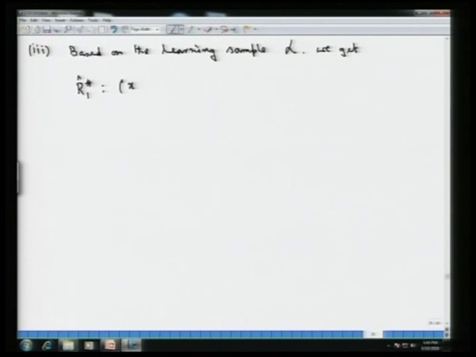So, mu 1 can be estimated by the sample mean corresponding to the first population. Let us denote that by x 1 bar, minus x 2 bar, this is the sample mean vector based on the observations coming from the second population. This transpose times S inverse, where S is the pooled sample variance covariance matrix. We write that S is the pooled sample variance covariance matrix.